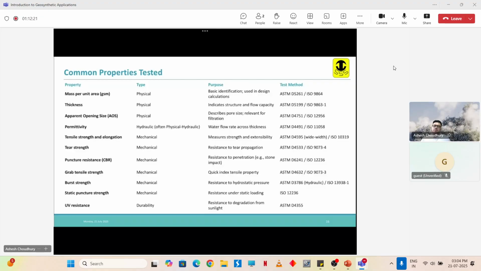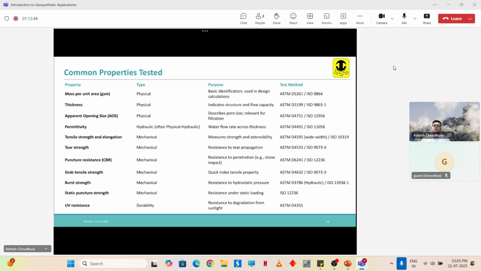So here some of the properties are mentioned, the type, the purpose of the test, and the test code. All of these codes might not be correct, so please verify them yourselves by searching over the internet whether the codes that I've listed are correct or not.